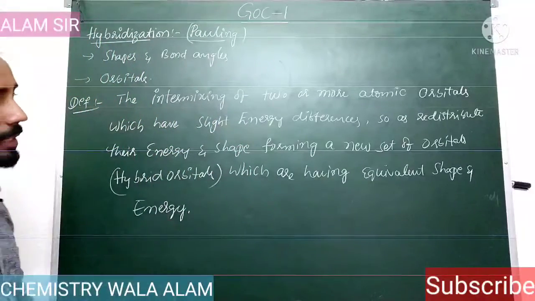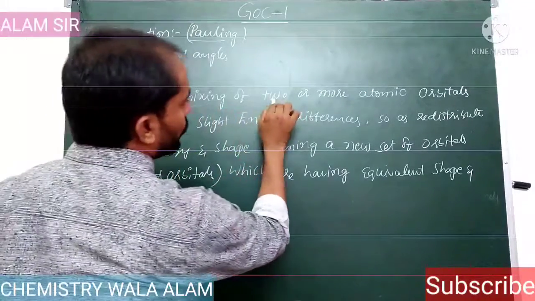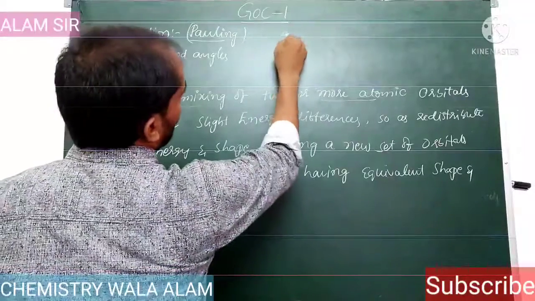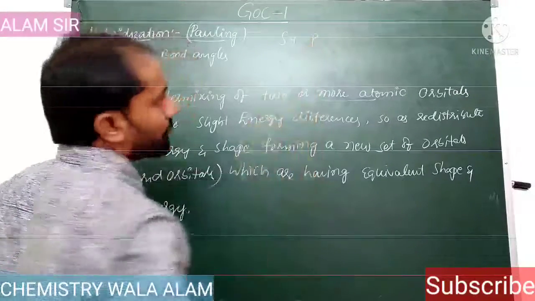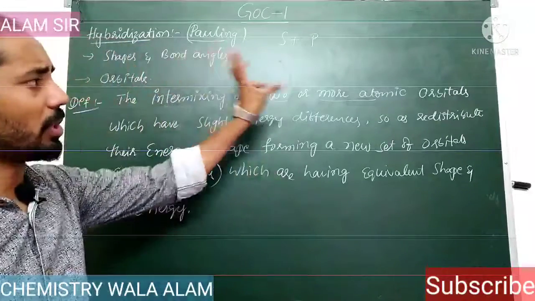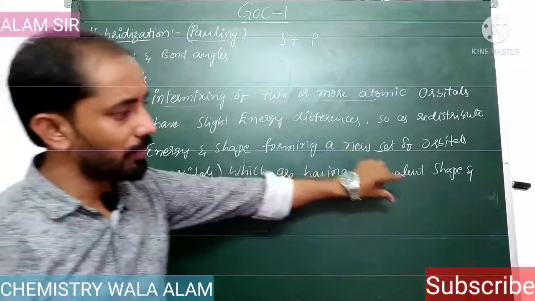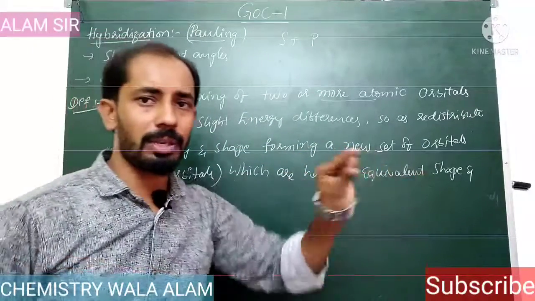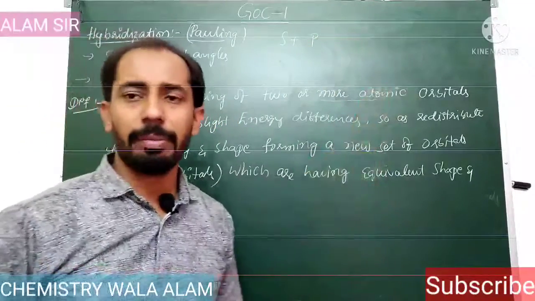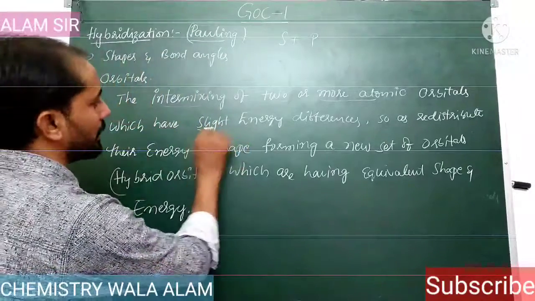So first of all, the definition of hybridization: intermixing of two or more atomic orbitals. What are these atomic orbitals here? s, p, d, f atomic orbitals. Intermixing of these orbitals which have slight energy differences. Just now we have seen that 2s and 2p have a slight energy difference; 2s and 4s, or 2s and 3s, will not overlap.